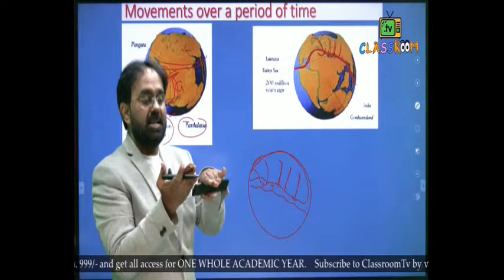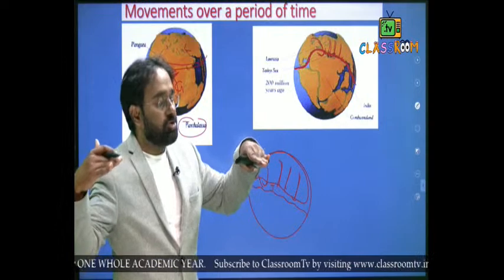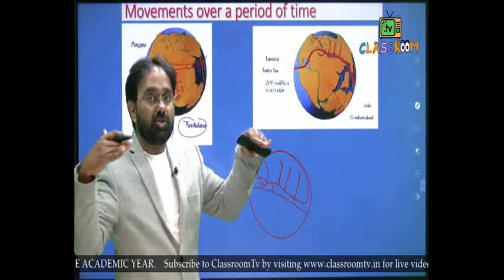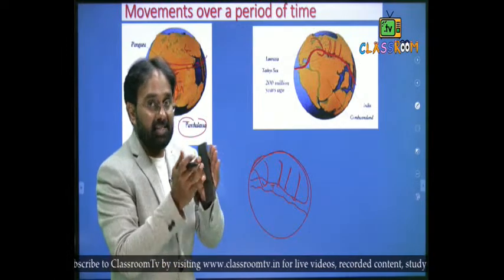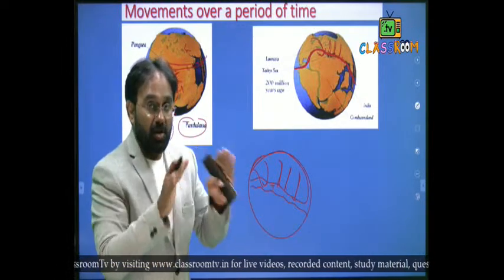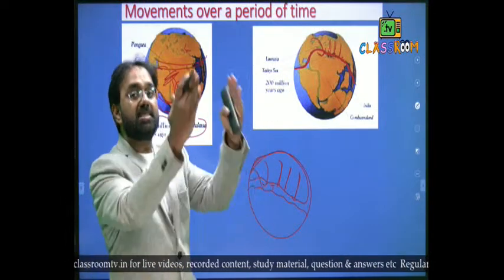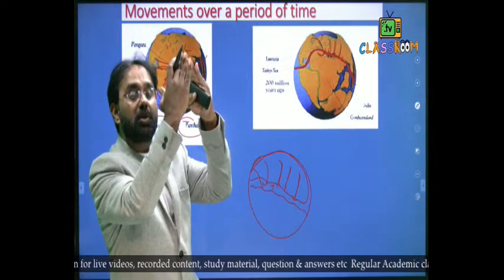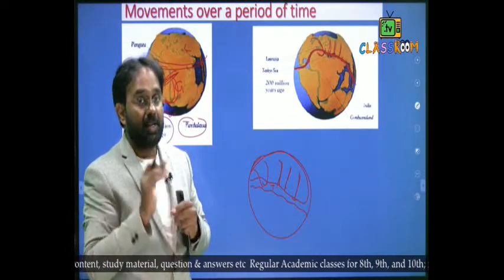Because this Tethys Sea has a lot of sediment deposits, when these two plates are hitting, all these sediments, which by this time have solidified into different rocks, because of this hitting, rise into huge elevated lands, finally leading to the formation of the Himalayas.